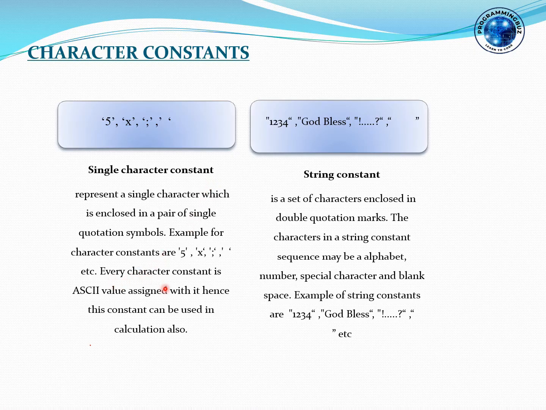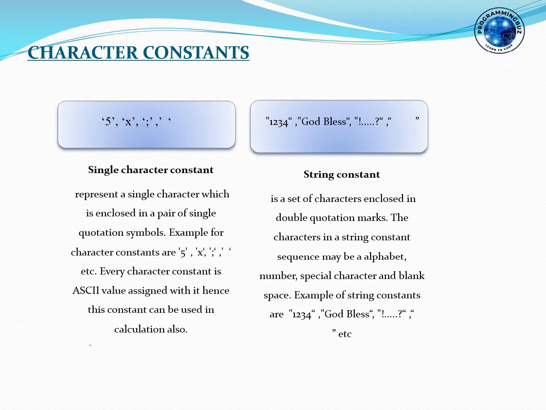And every single character constant is associated with an ASCII value. As we know, every key on the keyboard has its associated ASCII number, ASCII being American Standard Code for Information Interchange. So every character has an ASCII value, and therefore every single character constant also has its associated ASCII value.